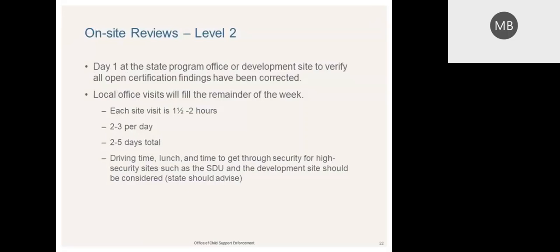In total, Level 2 site visits will last between 2 to 5 days. This includes drive time from one site to another, lunch, and security protocols for the entry into facilities, particularly their SDU and local county offices.